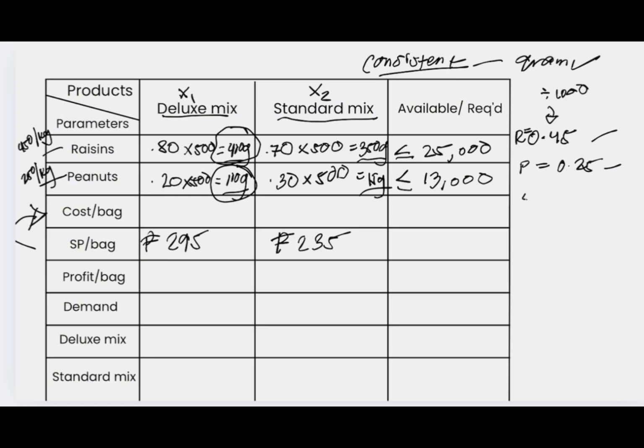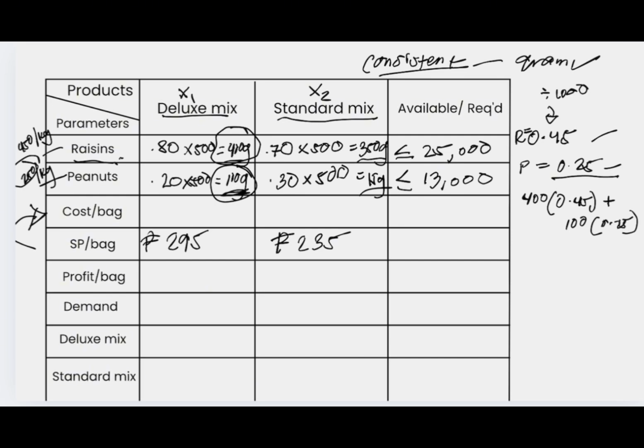So what happens is 400 grams of raisins times 0.45, plus peanuts, which is 100, times 0.25.